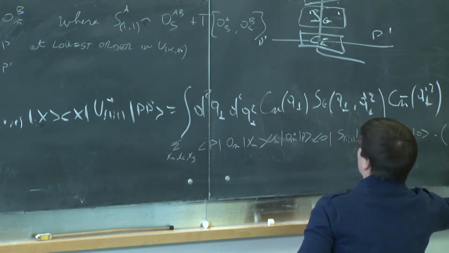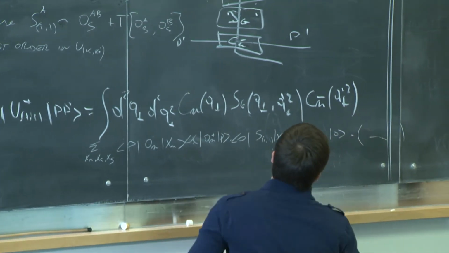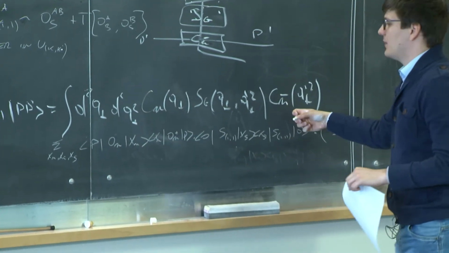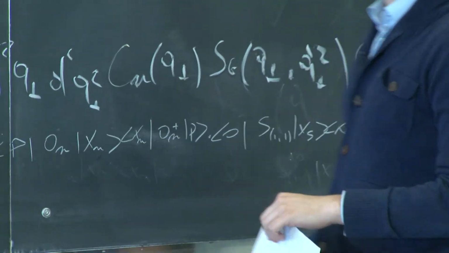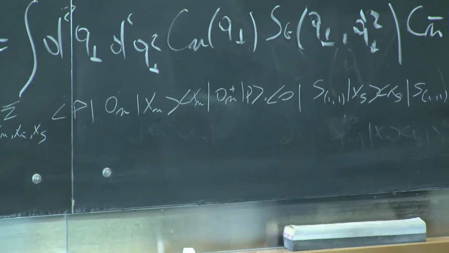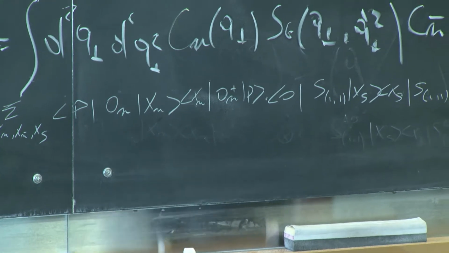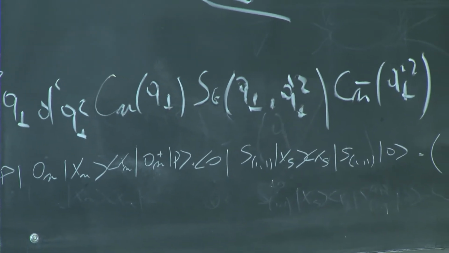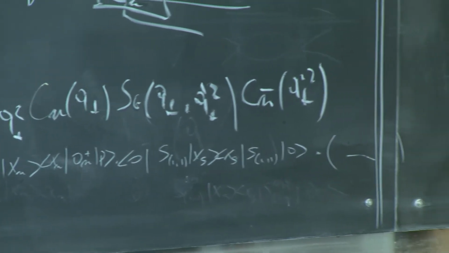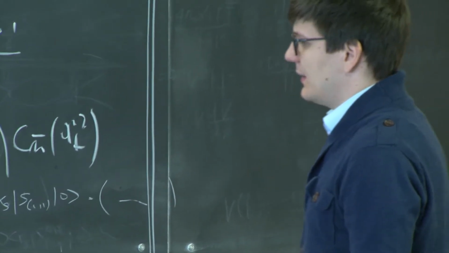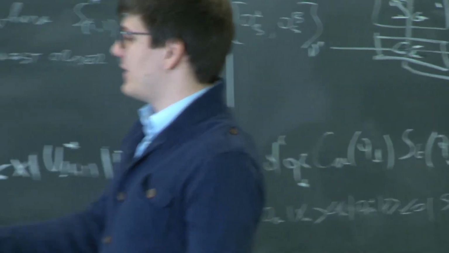Times the same discussion that I've done here in the n direction, now between P and P prime states. So this is the factorization theorem, and this is the bare factorization theorem.